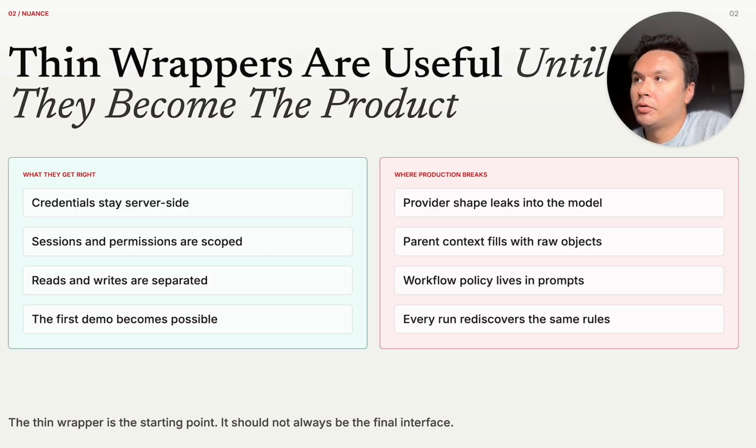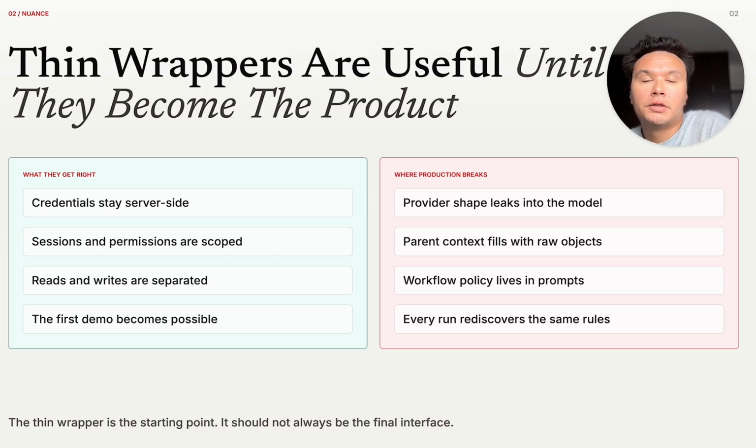Before I tear into thin wrappers, I want to be fair to them. Thin wrappers are not stupid. They hide credentials, they scope sessions, they separate reads from writes. They make the very first integration possible.